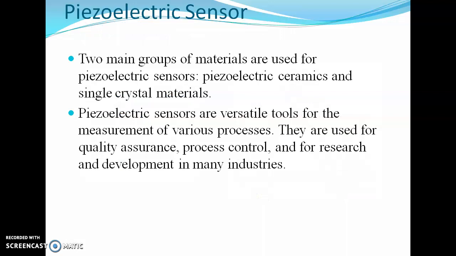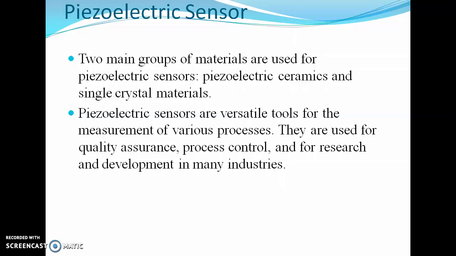Now two main groups of materials used for piezoelectric sensors are piezoelectric ceramics and single crystal materials. So these are the two materials. Okay. So piezoelectric sensors are versatile tools for the measurement of various processes. They are used for quality assurance, process control and for research and development in many industries.